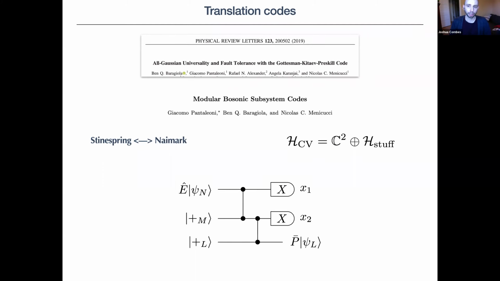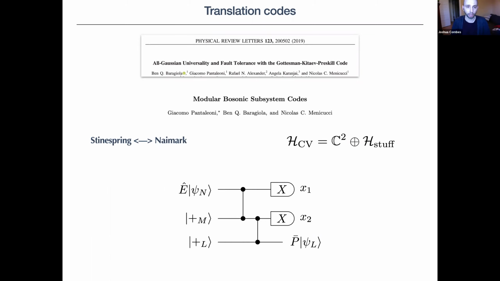So the first one shows that, something that I failed to mention at the start, one of the reasons why people like these GKP codes is that all of the Clifford operations are done with Hamiltonians that are at most quadratic in the annihilation and creation operators. And for bosonic systems, these are considered the free operations.